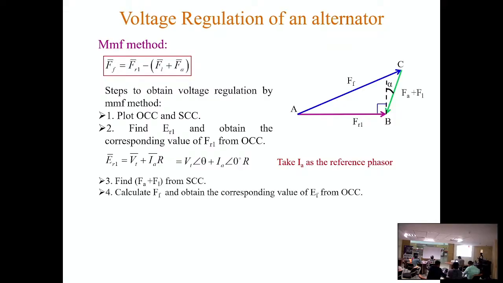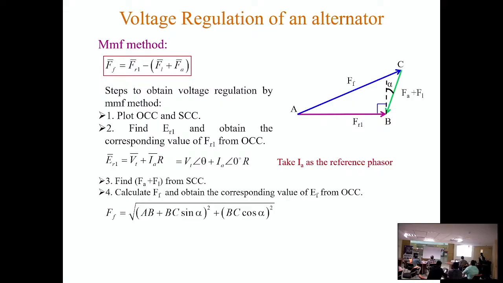After getting this FA plus FL and this FR1, these two are known to you, so you have to calculate FF. You can apply this trigonometric formula to get FF. This is the formula to calculate FF.